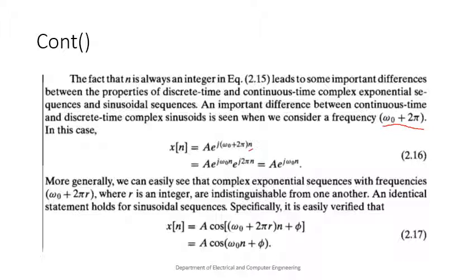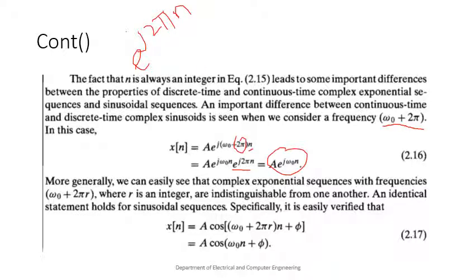So this is our exponential sequence a e raised power j omega naught n. We have just added this thing ourselves. If you add this, it will again become e raised power j omega naught n. Why? Because e raised power j 2 pi n is equal to 1. Why is this equal to 1? Let's take a value of n to be 0.